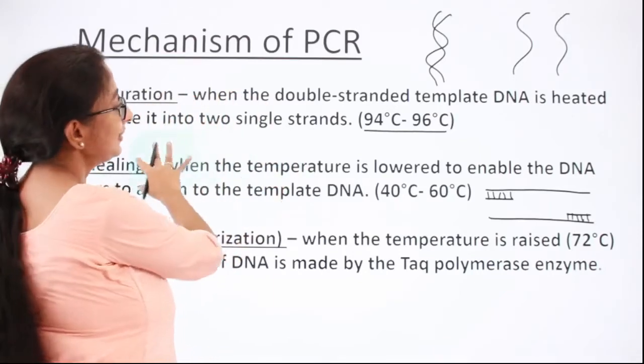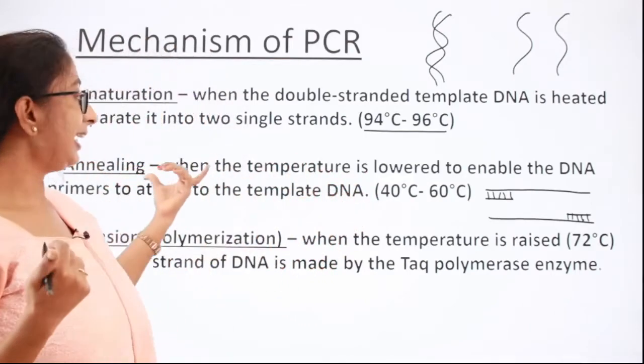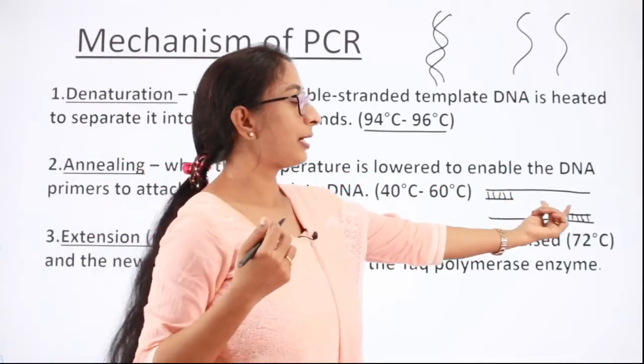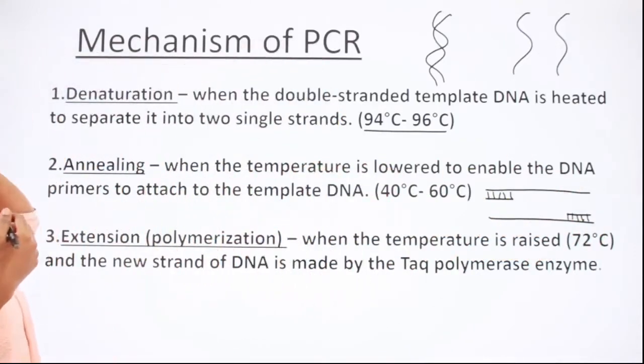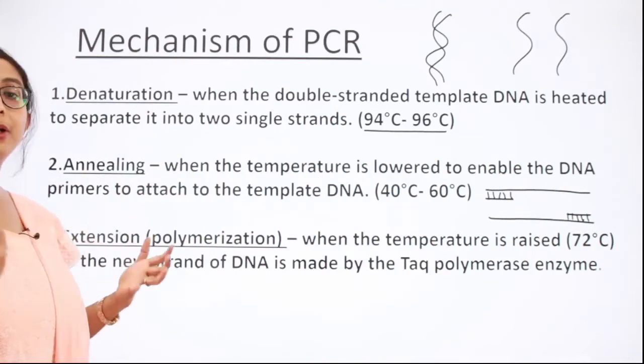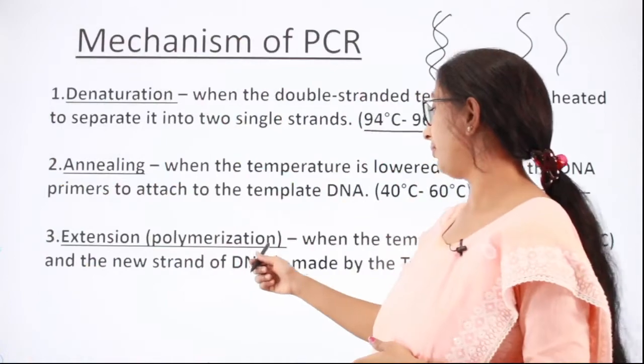So it is during the second step, called annealing, that the primers come and bind. Next, moving on to the third step, which is called extension, or we even call it polymerization.